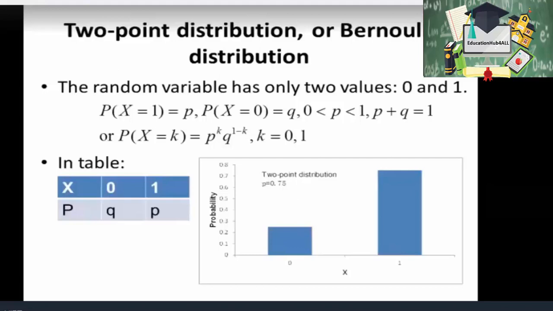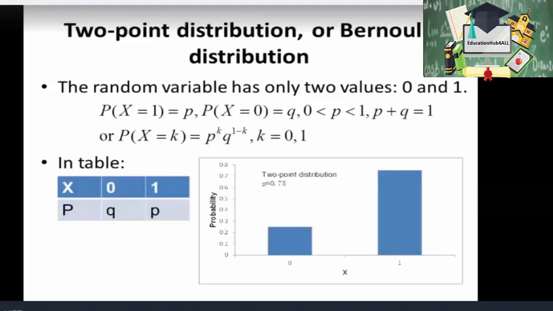Of course, the probability to fail is 1 minus p, which is q. These are the only 2 possible values, and these are their probabilities. So this is the simplest distribution in statistics.